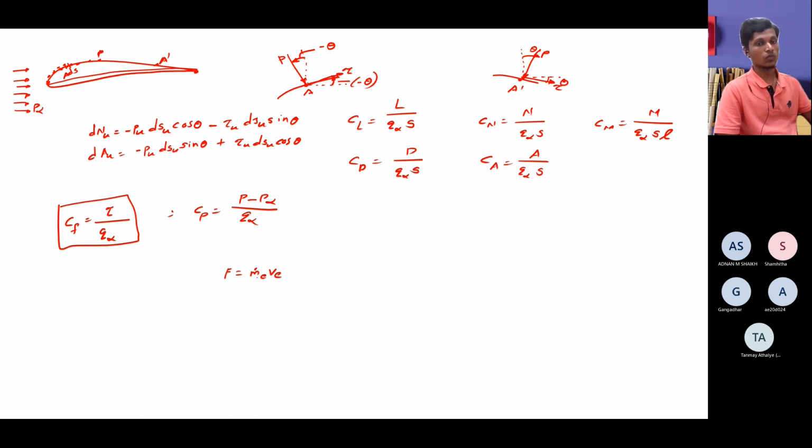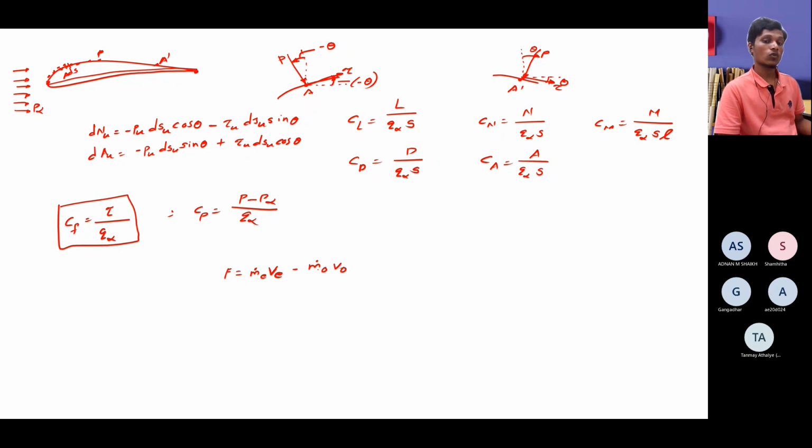The jet engine, turbofan or turbojet engine that we see on aircraft, expels a certain amount of fluid continuously at some mass flow rate. That mass flow rate we call m dot, and V_e is the exit velocity at which it exits.